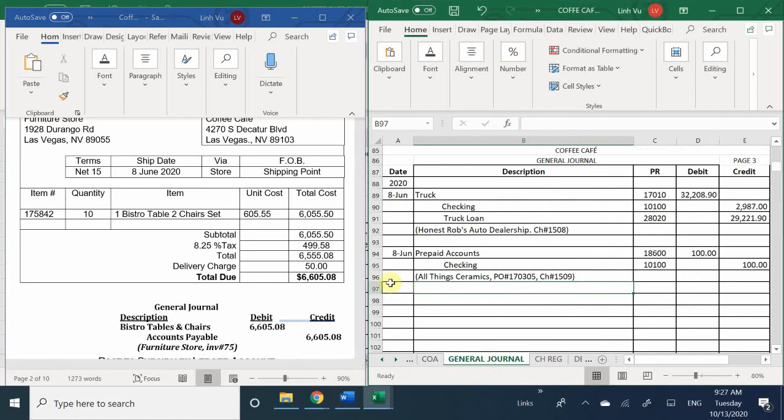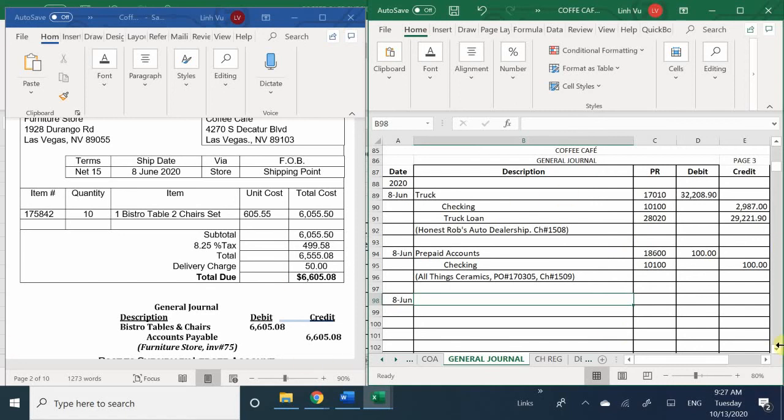So general journal, okay, we acquired an asset, right? And because we received a bill, what's our automatic assumption? Are we going to pay it now or are we going to pay it later? Later, because it's on account. Good. So here, I'm going to place the date.